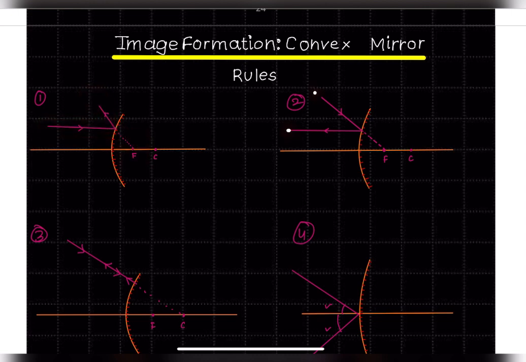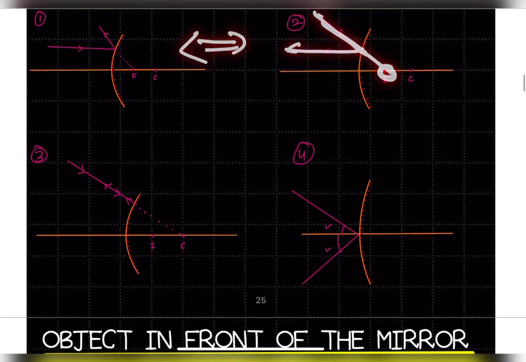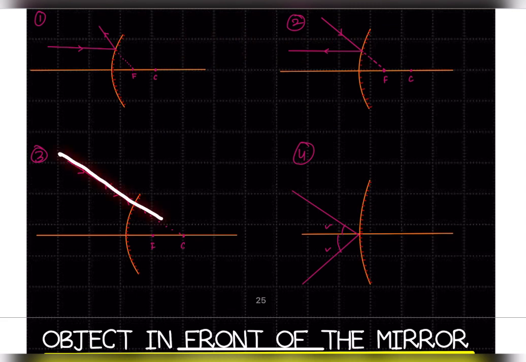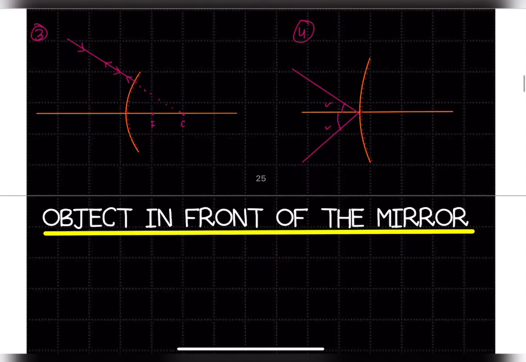If a line comes toward the focus on the other side, it will go parallel. The first two are complementary to each other. If I draw a line aiming at the center of curvature on the other side, it will go back in the same line. And if I draw a line to the pole, it will reflect with equal angles. I hope you understood this one.